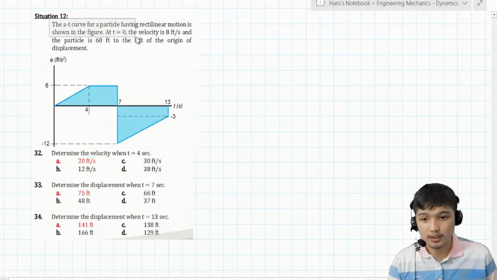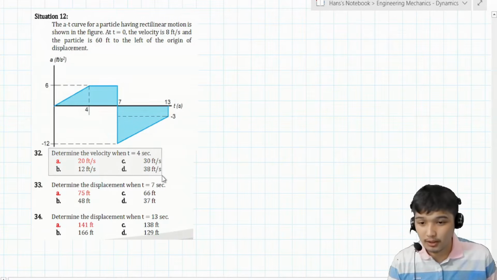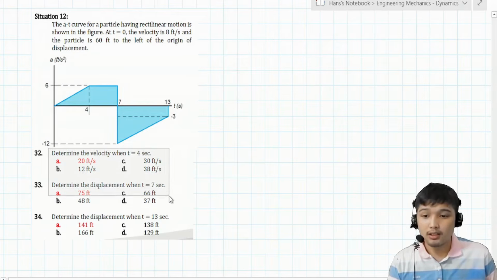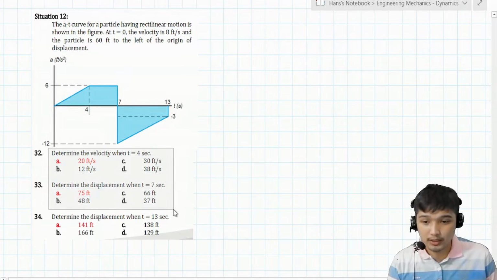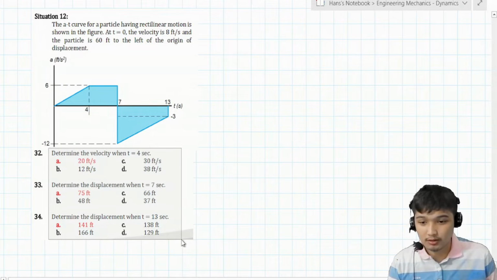At time is equal to 0, the velocity is 8 feet per second and the particle is 60 feet to the left of the origin of displacement. So, using this diagram, determine the velocity when time is equal to 4, determine the displacement when time is equal to 7, determine the displacement when time is equal to 13 seconds.